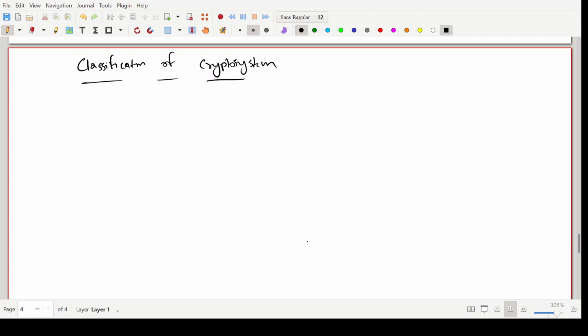For a classified study, the crypto system can be categorized in the following classes. So the first class is classical versus modern. So what do you mean by that?